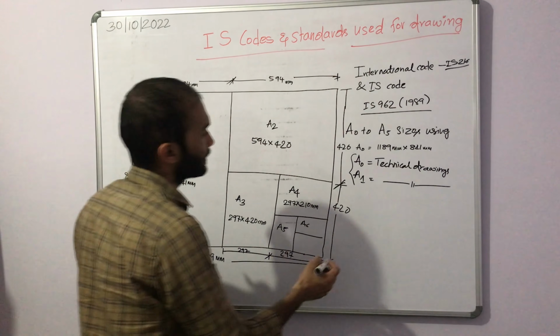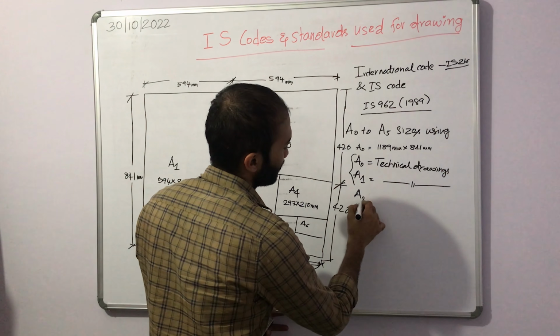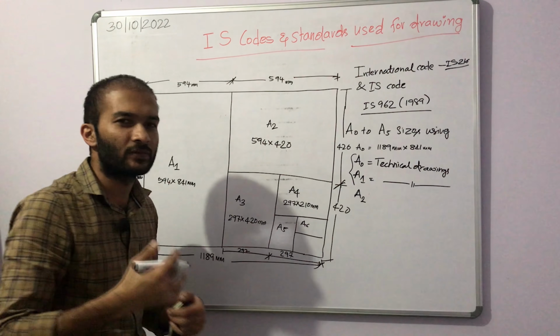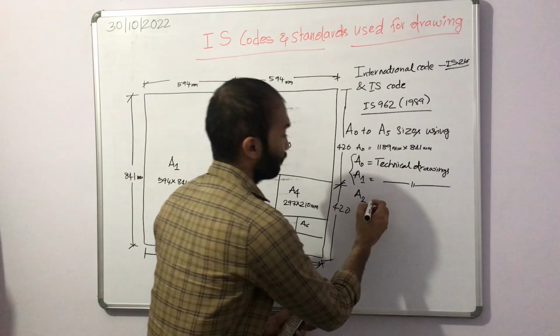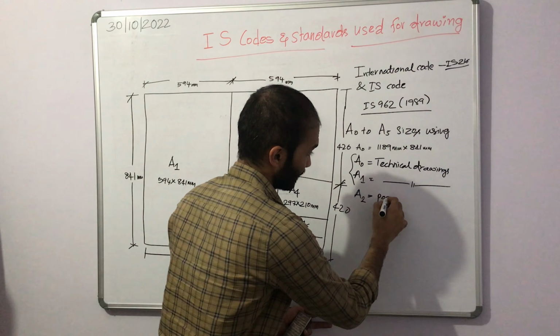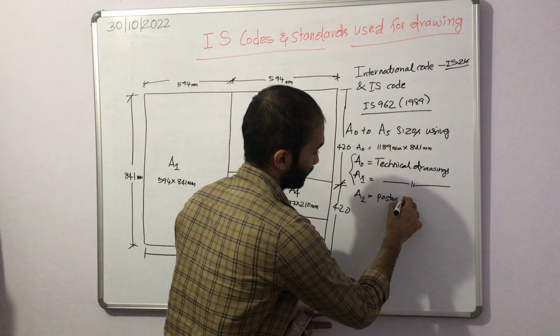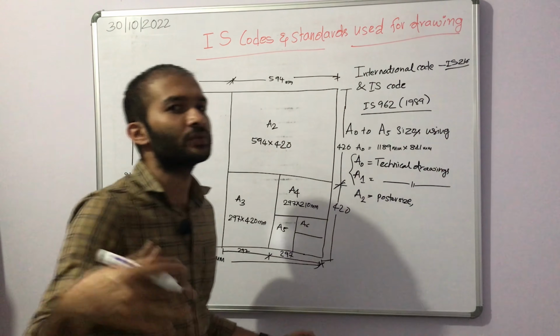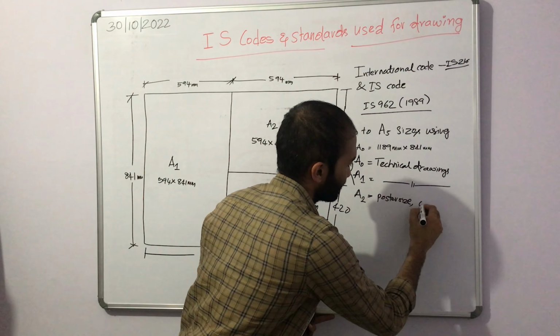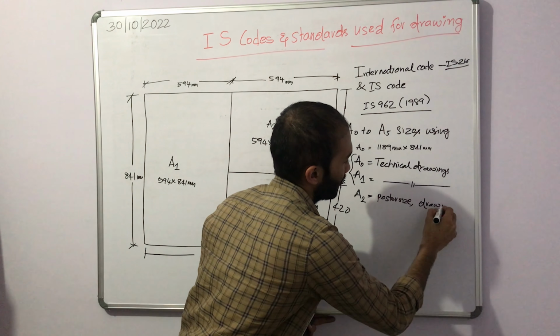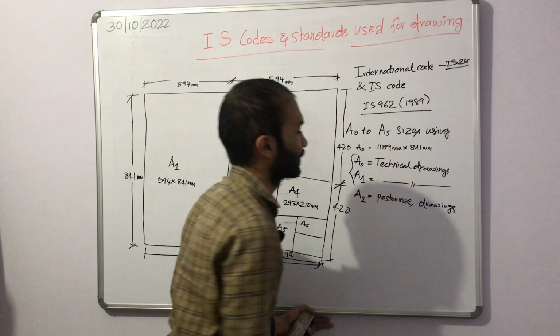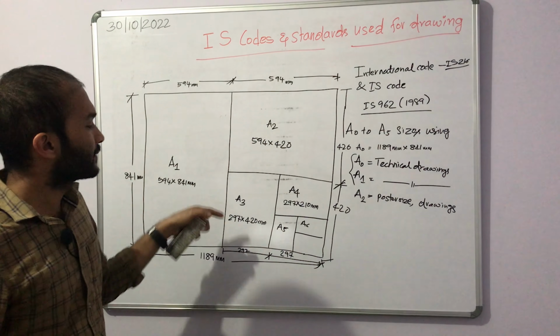So next is A2. A2 is preferably used for something like poster size, or you may still use it for technical drawing representation. The next is A3.